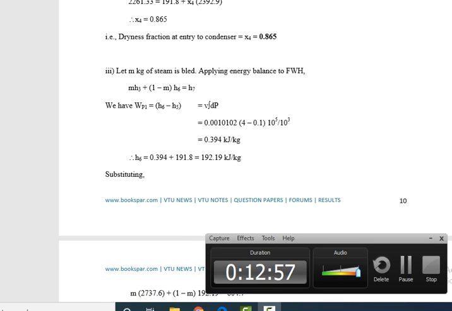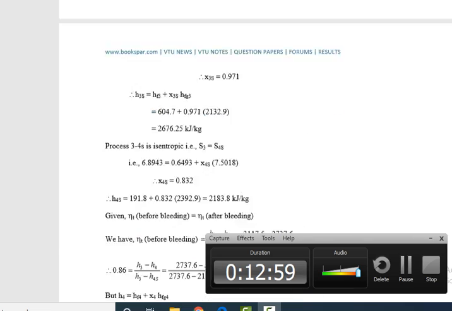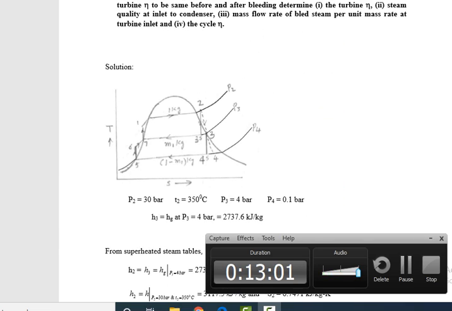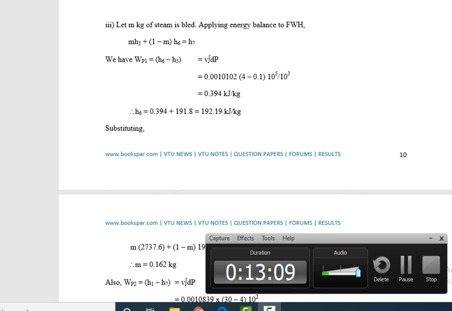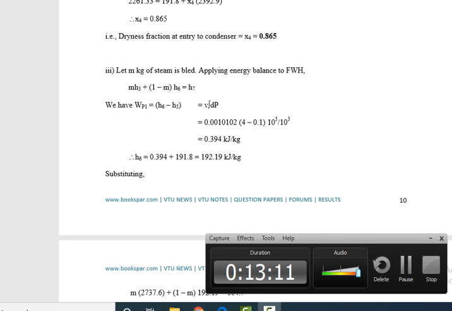You have to find out the pump work. Pump work means H6 minus H5. This is the area in which the pump work is done. Therefore, pump work equals H6 minus H5, integration v dp. You have to put the values. We are getting 0.394 kJ per kg.